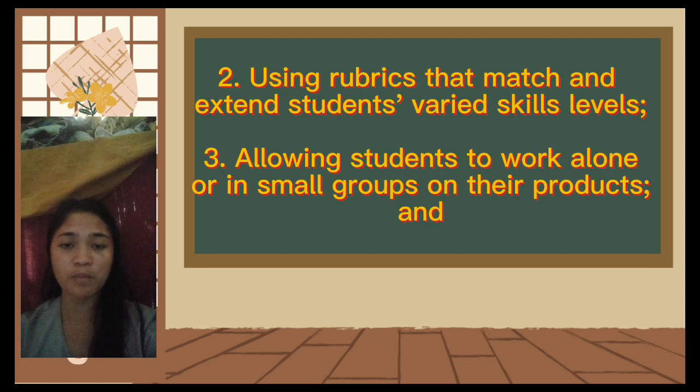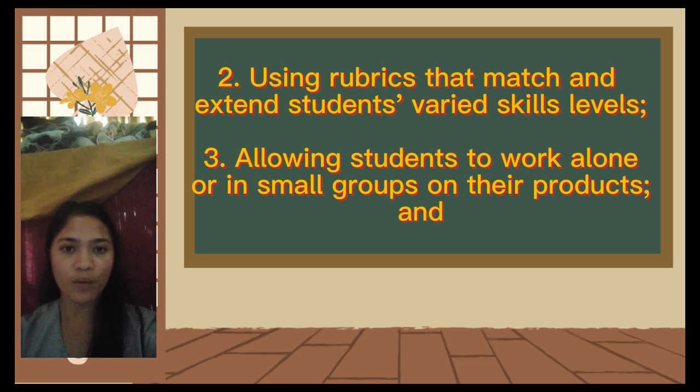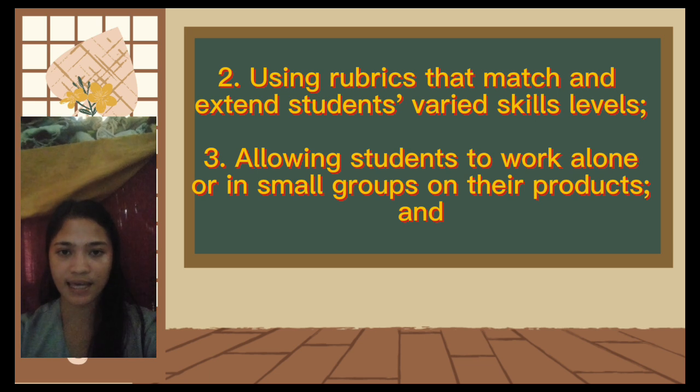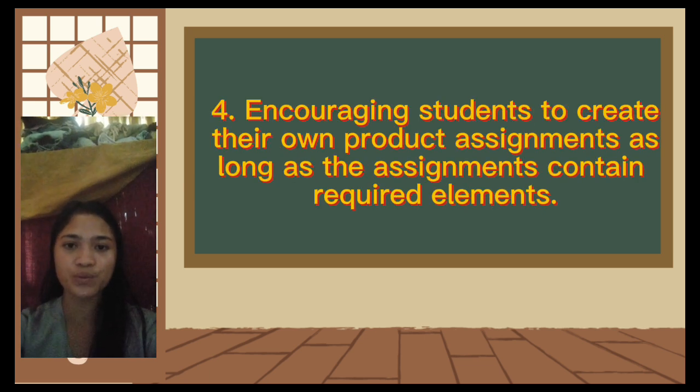Using rubrics that match and extend students' varied skill levels. Allowing students to work alone or in small groups on their product, and encouraging students to create their own product assignments as long as the assignments contain required elements.